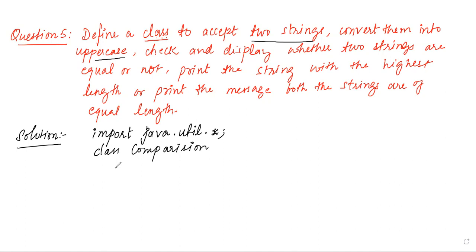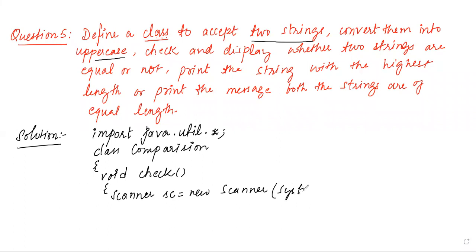Always give the meaningful name to the program, such as void check I am giving. And after starting the function, you have to declare the scanner object, Scanner sc equals to new Scanner(System.in).